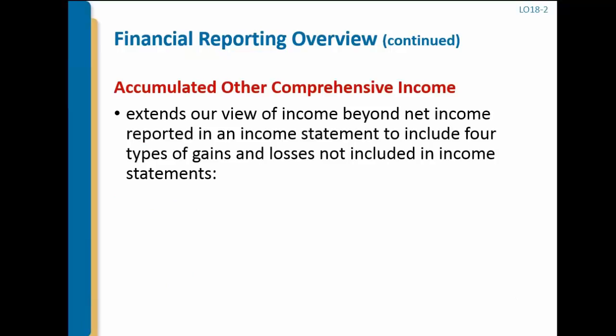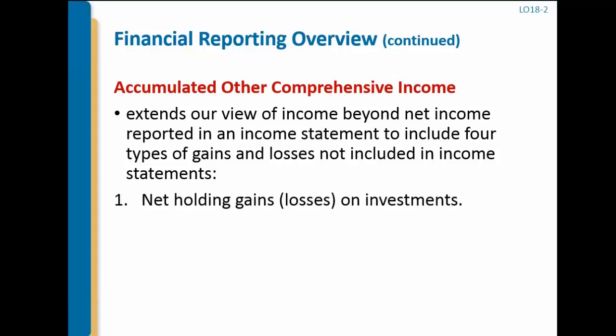Accumulated other comprehensive income extends our view of income beyond net income, reported in an income statement, into four types of gains and losses not included. And I think we've talked about these. Net holding gains and losses on investments. And what we're talking about here is unrealized gains and losses.